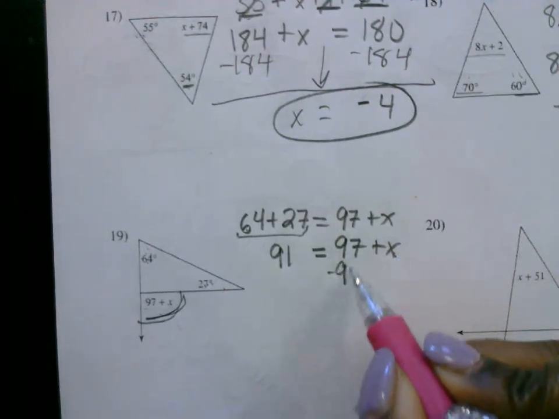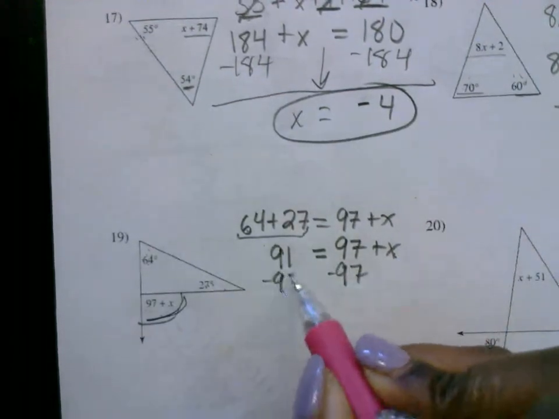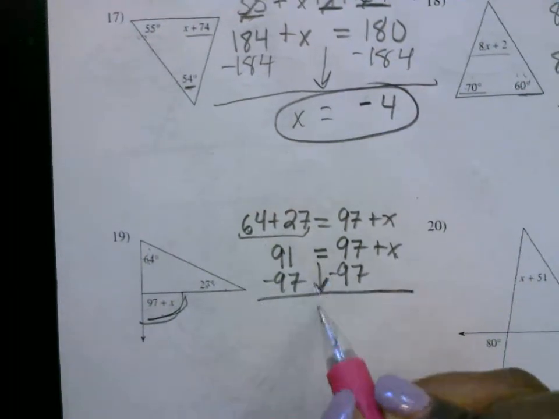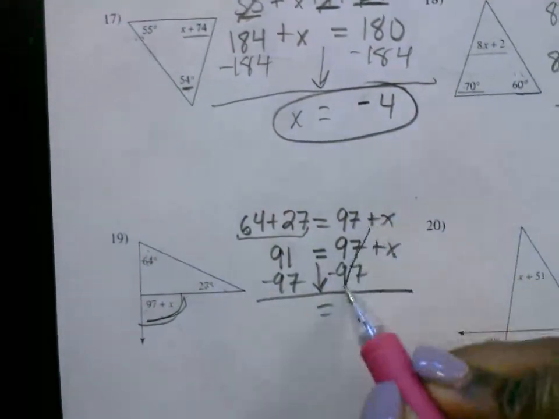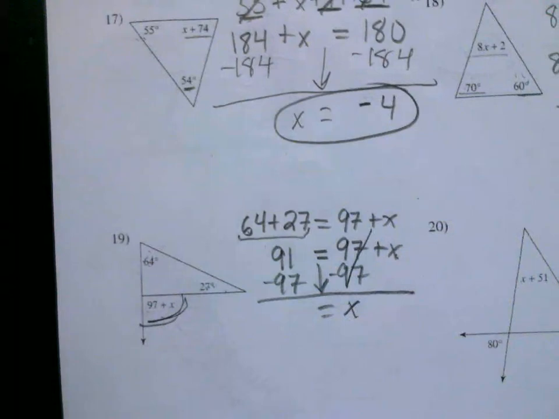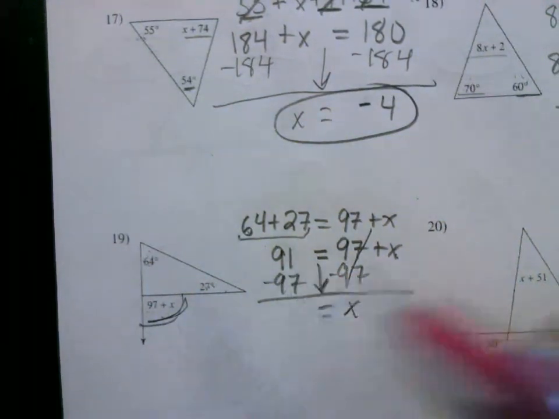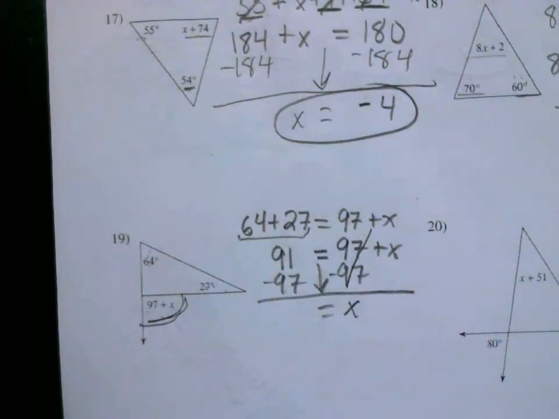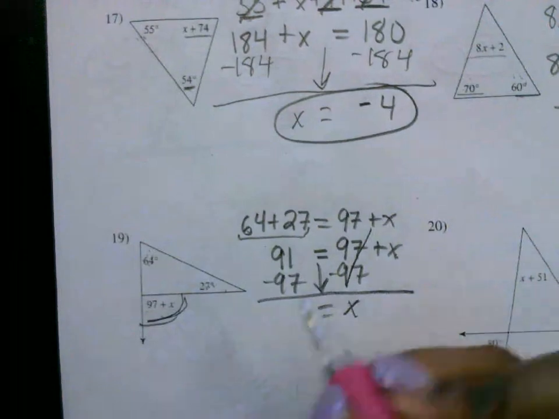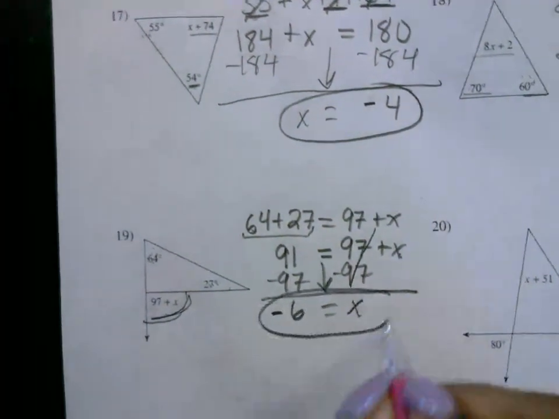Minus 97. Okay? Bring down the equal sign. This is 0 and we're left with x. Type this in if you cannot figure this out. What is 91 minus 97? Negative 6. X is equal to negative 6.